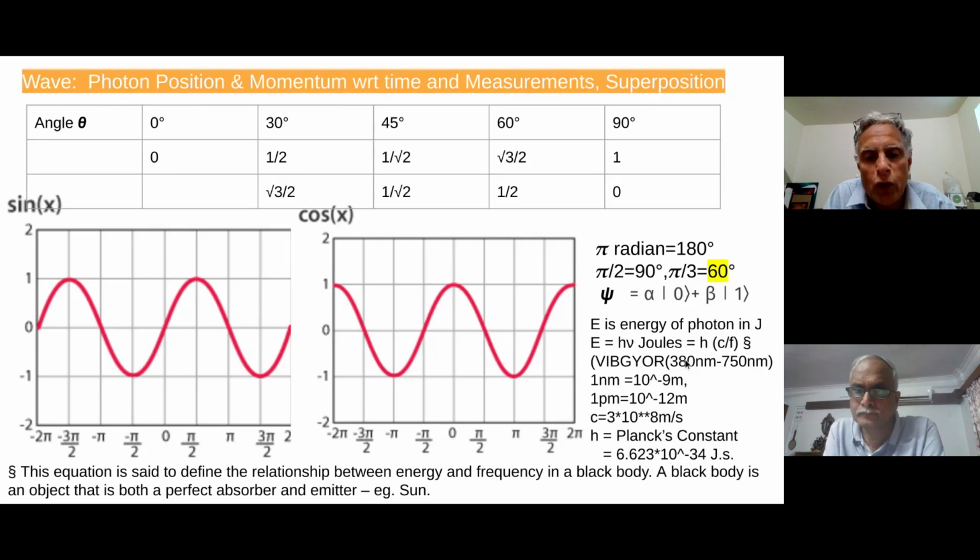But for a photon there is no mass, it's only energy, and it is represented in frequency by wavelength. And we say that light has a wavelength, visible range, between 380 nanometer and 750 nanometer. So we represent it as violet, indigo, blue, green, yellow, orange, and red, and the mass is 0 for it.